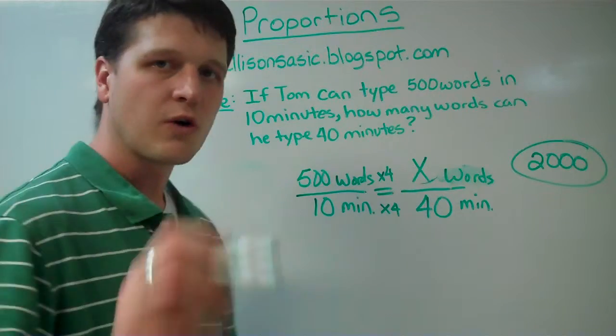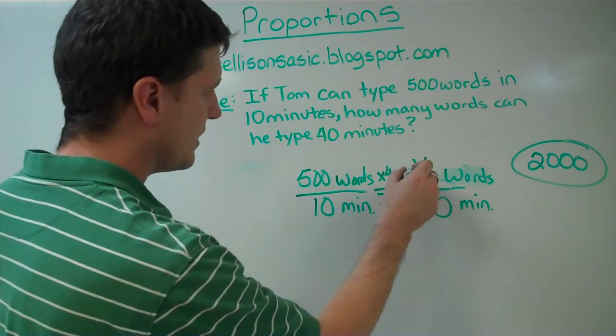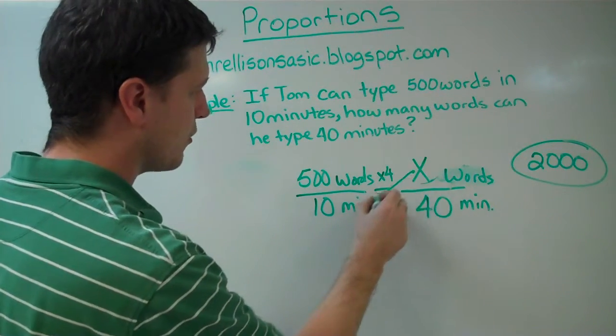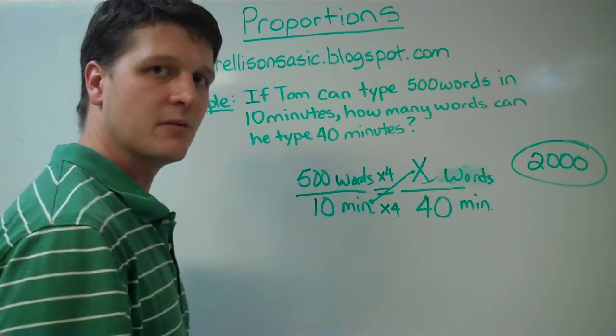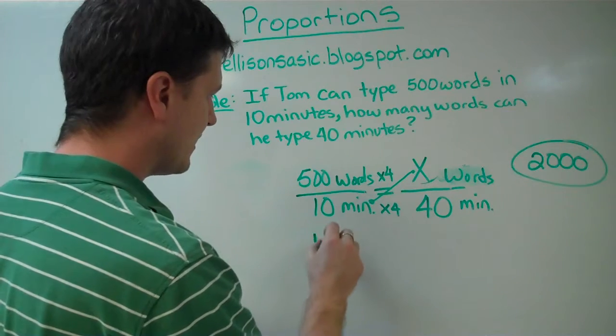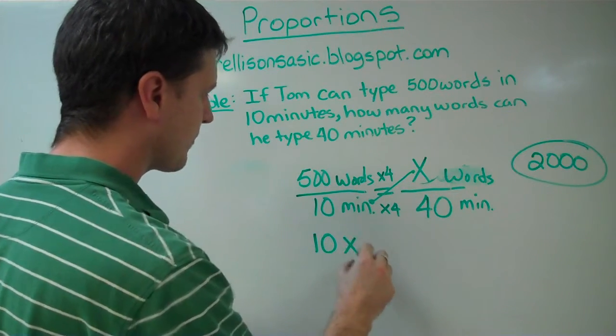Now what we're going to do is cross multiply, which means we're going to go from the top and go across and multiply 10 times x. When we multiply a variable and a whole number together, we get 10x.